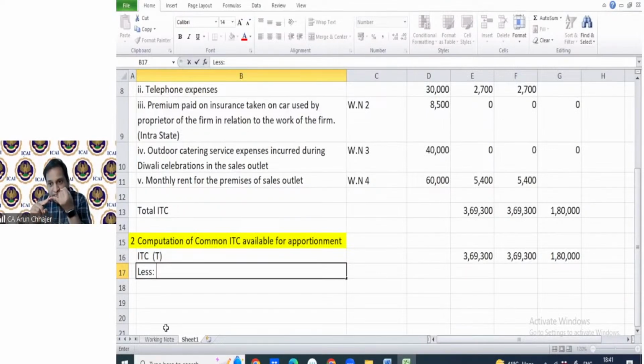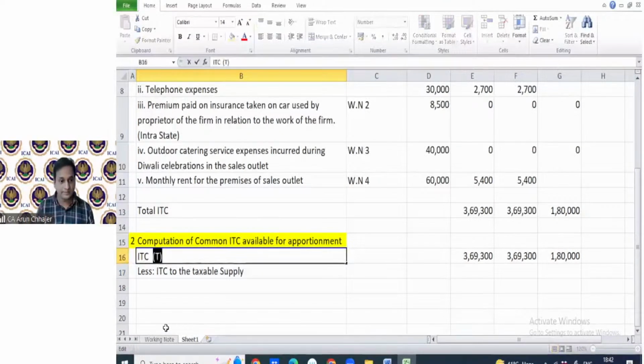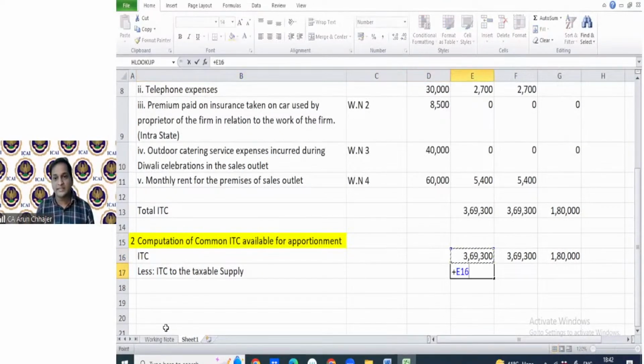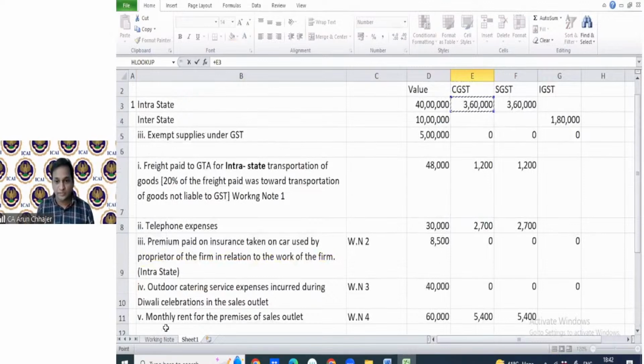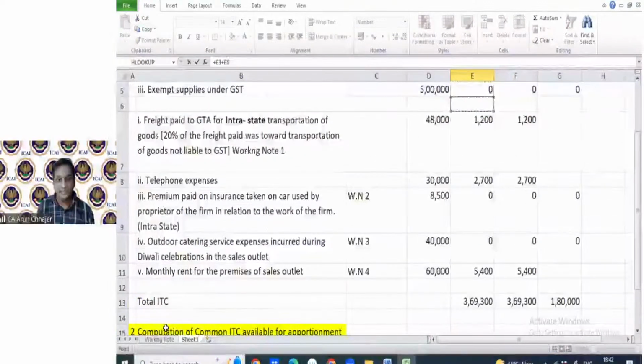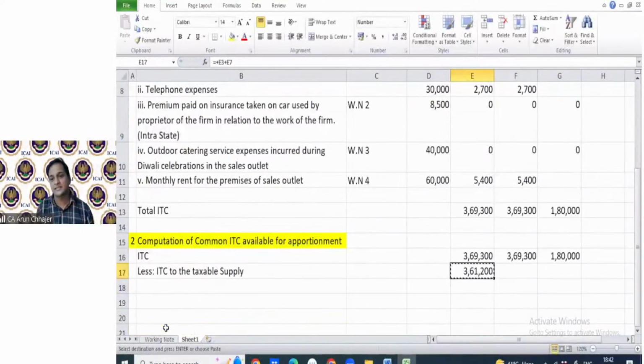T1 is ITC exclusively linked to non-business purpose. T2 is ITC exclusively linked to taxable exempt supplies. T3 is the ITC which falls under the block category. T4 is ITC which is exclusively linked to taxable supplies. Because the first three are not there, I can say ITC for the taxable supplies is 3,60,000, and 1,200 is only for the taxable supplies.